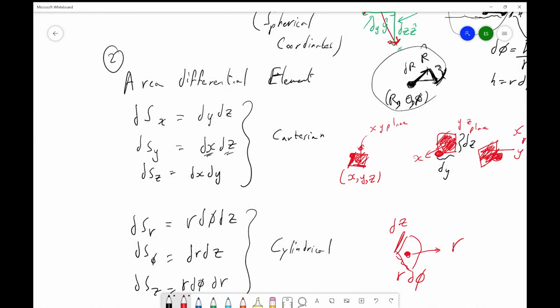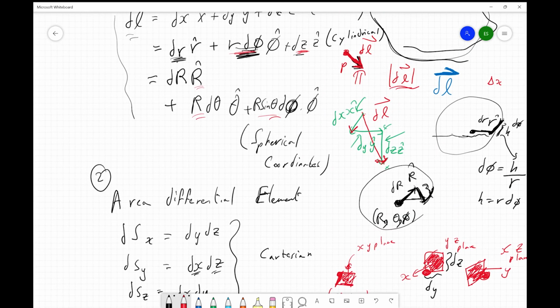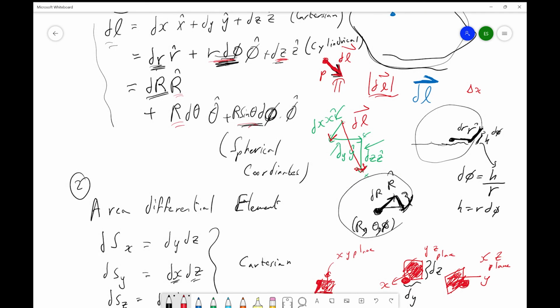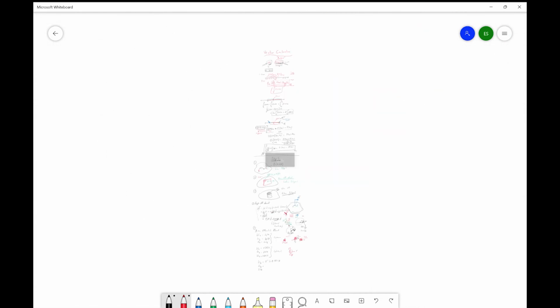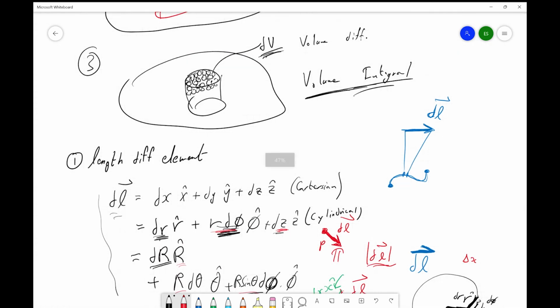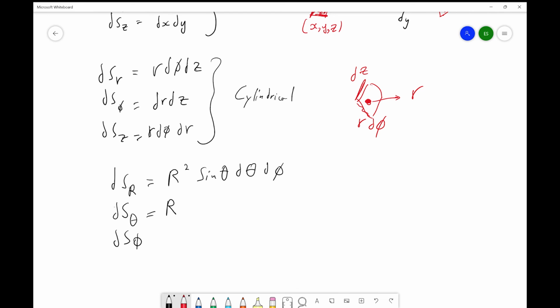and then you can derive the surface elements from it. Right? For dS theta, I have now to take this dr times this. So it's going to be r sine theta dr d phi.